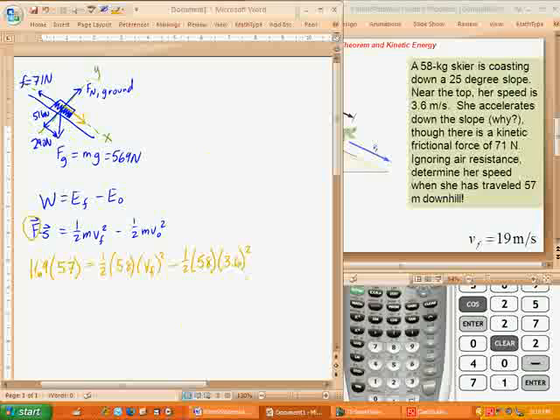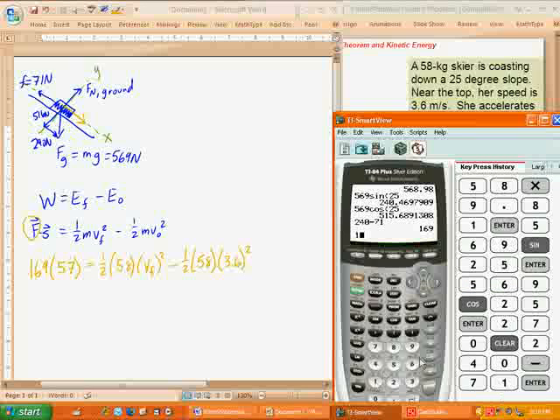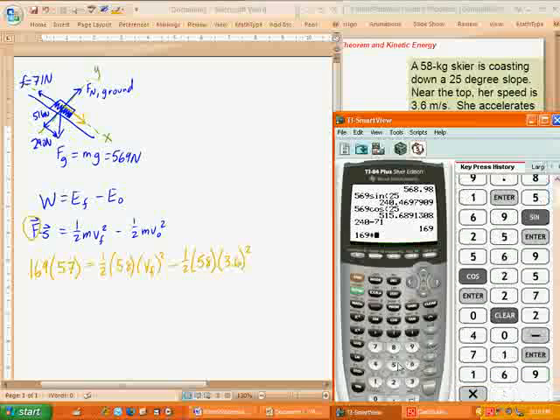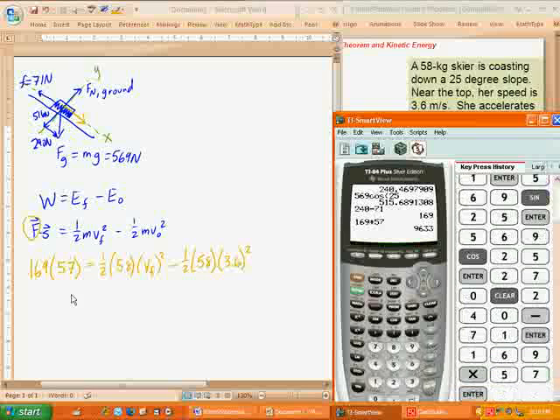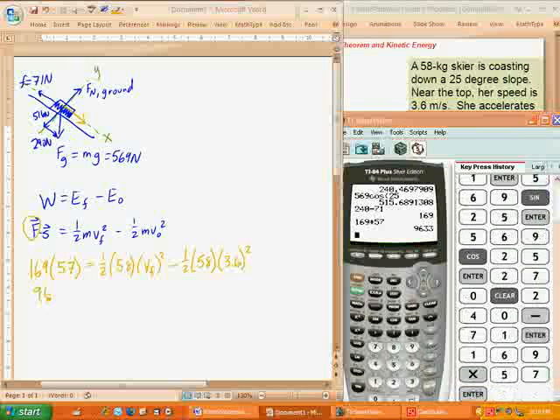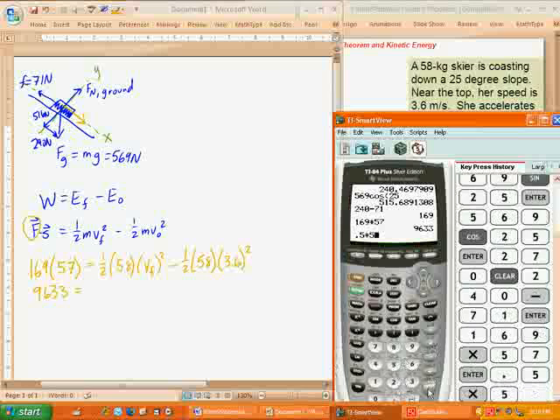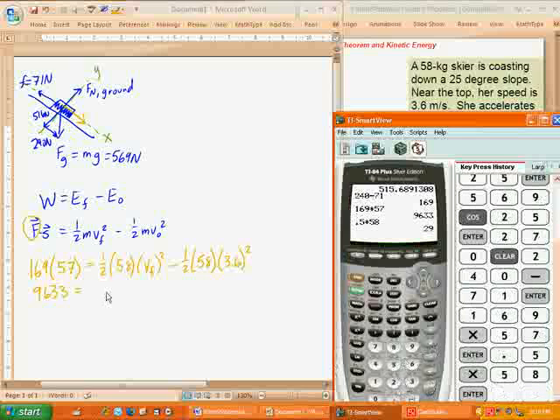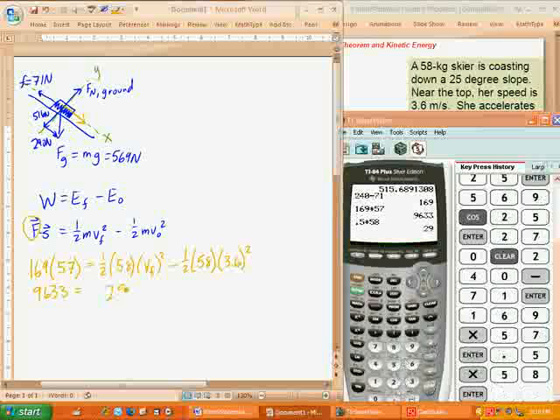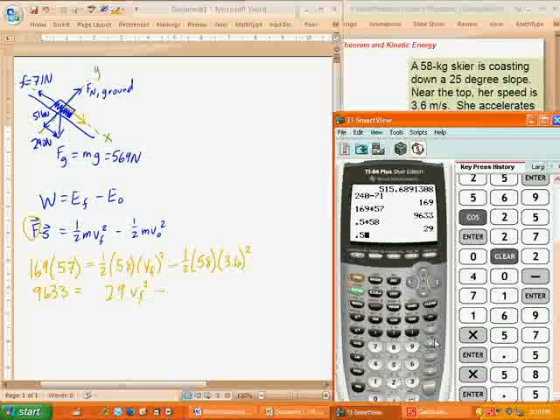When we do 169 times 57, that gives us 9633, and then 1/2 times 58 is 29. Many of you will probably be able to do this a little bit faster on your own. I'm just doing it little by little so that there aren't any questions about how we got each of these numbers.